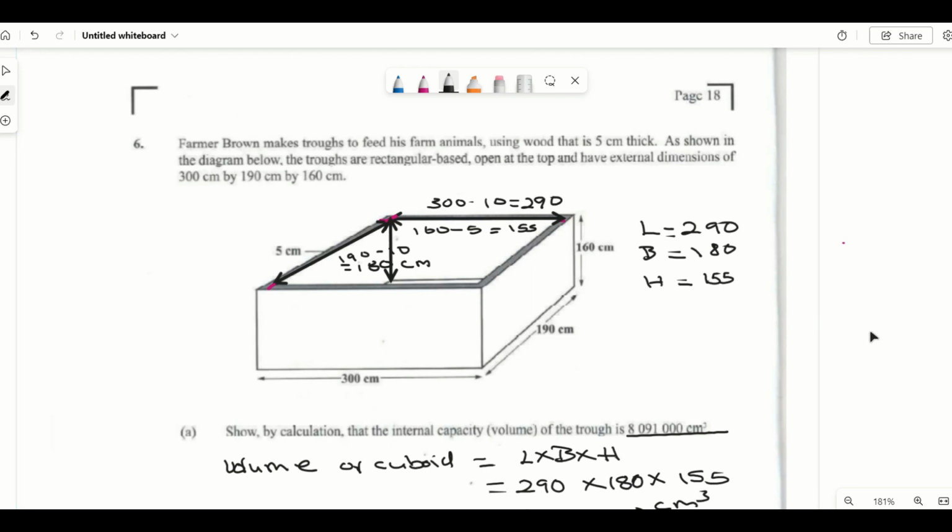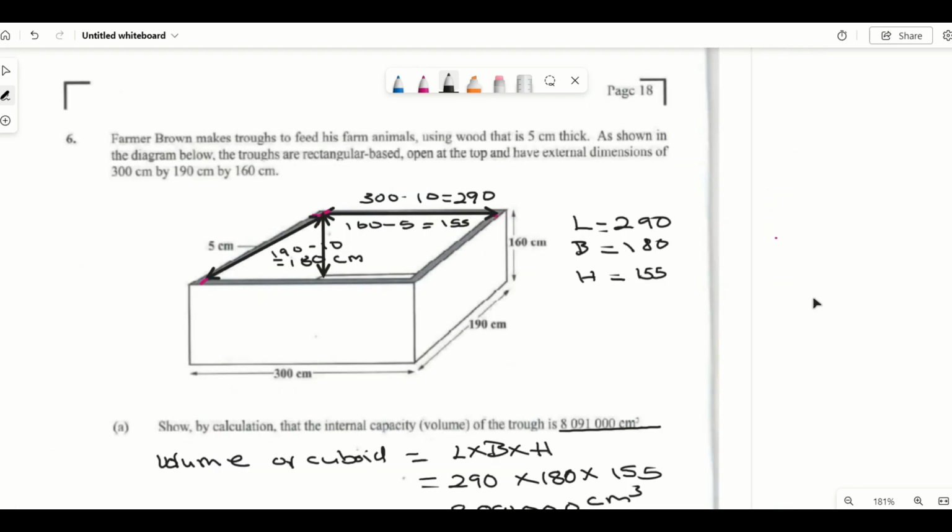So if we're going to look at this side here, our length is 290 and our height is 155. For this surface here, we have 1, 2, 3, 4 of those, actually no, 2 of those.